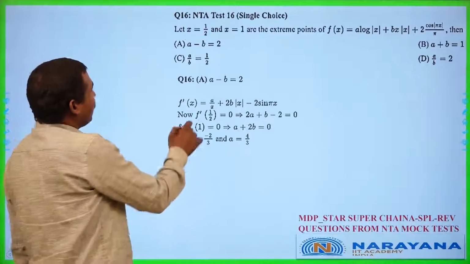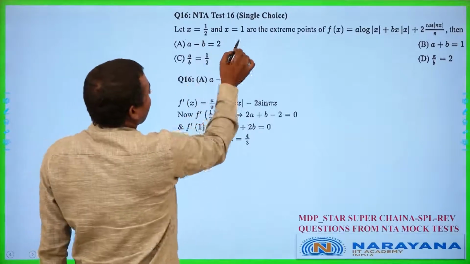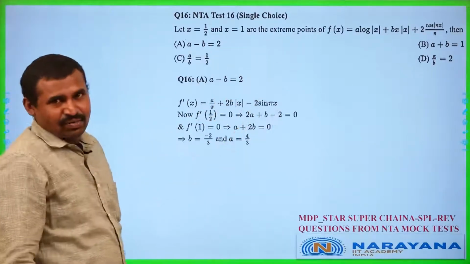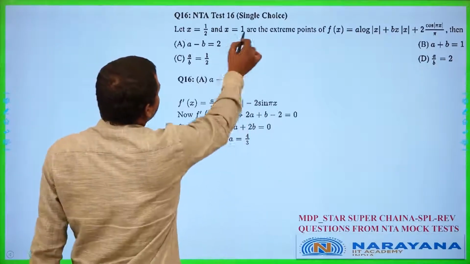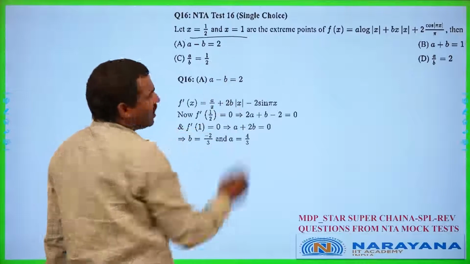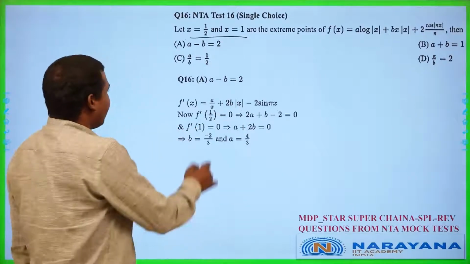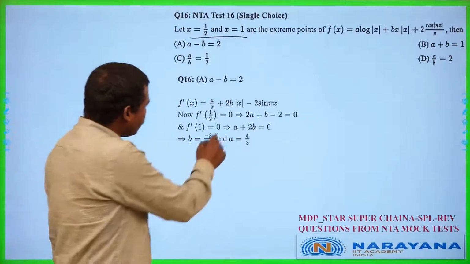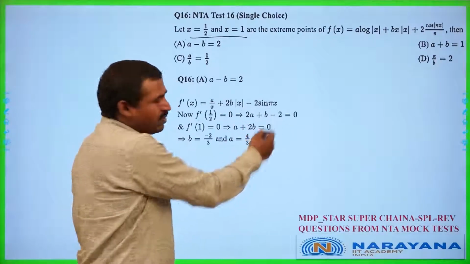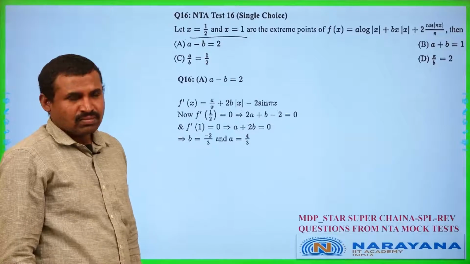And now, given that 1 by 2 and 1 are extreme points, it means they are critical points. So, f dash 1 by 2 should be equal to 0 and f dash 1 should also be equal to 0. These two are the roots of f dash x equal to 0. So, from f dash 1 by 2 equal to 0 we get 2a plus b minus 2 equal to 0.